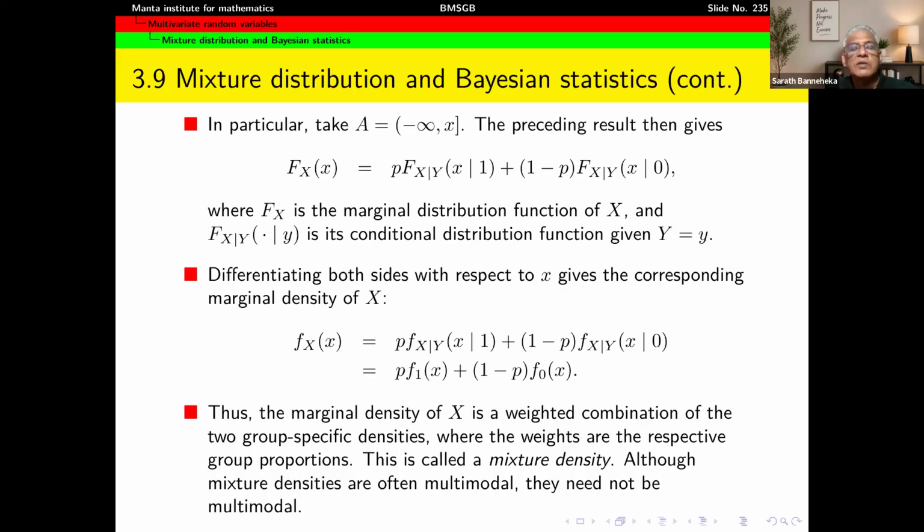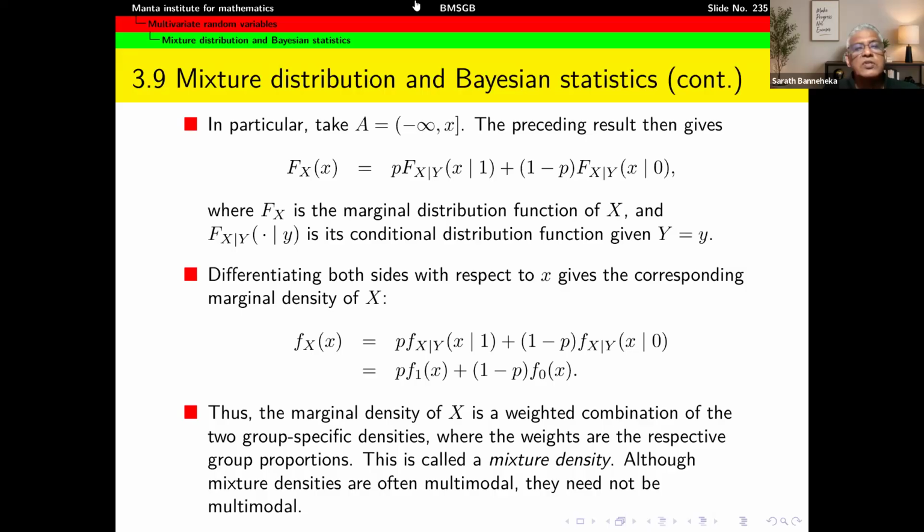Here F_X is the marginal distribution function of X, and F_{X|Y} is its conditional distribution function given Y equals small y. Now we are interested in the actual distribution of capital X. In order to get the density function, we will differentiate the CDF with respect to x.